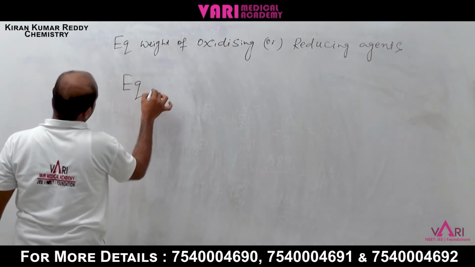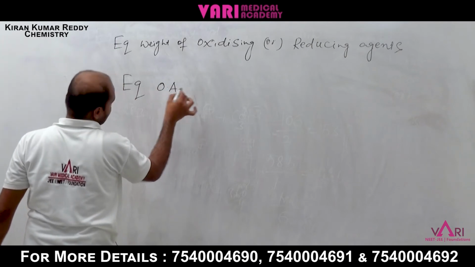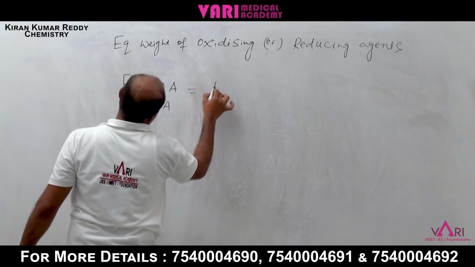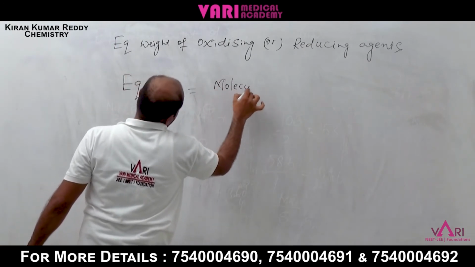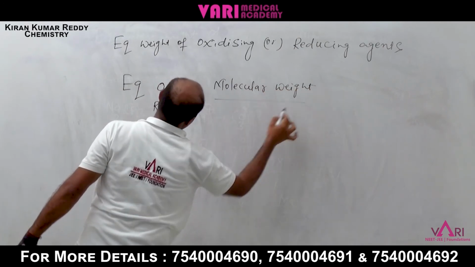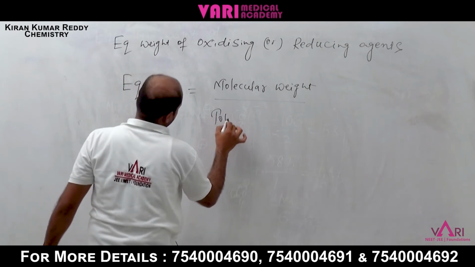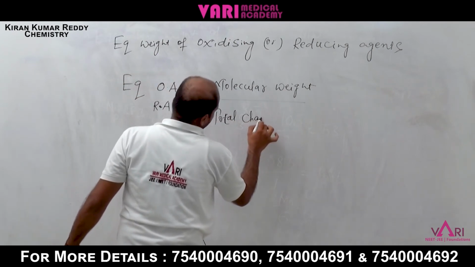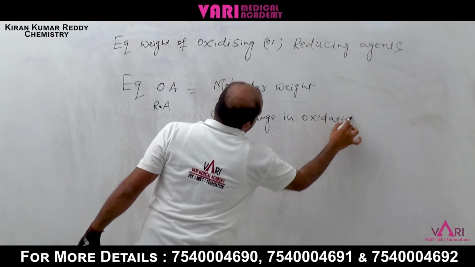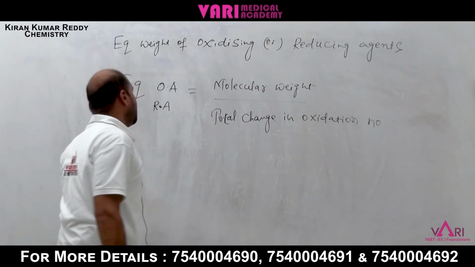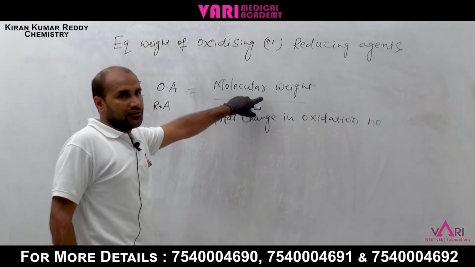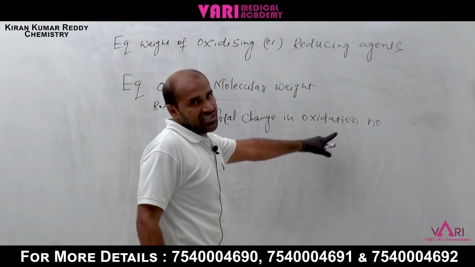Equivalent weight of an oxidizing agent (OA) or reducing agent (RA) is equal to molecular weight by total change in oxidation number. That is called the equivalent weight of oxidizing agent and reducing agent: molecular weight by total change in oxidation number.